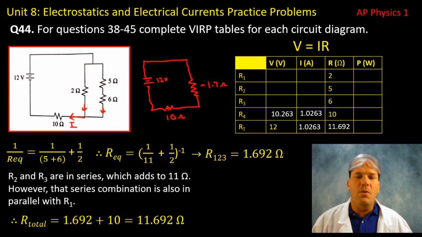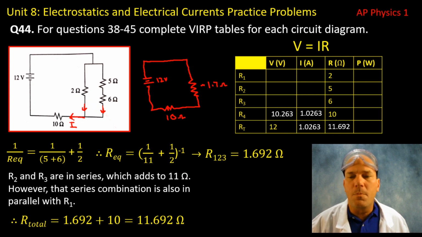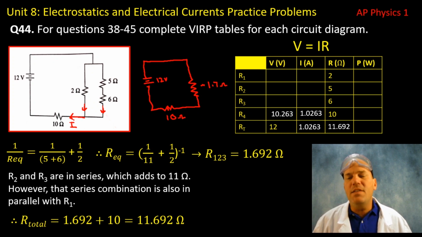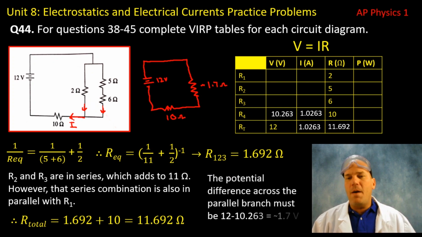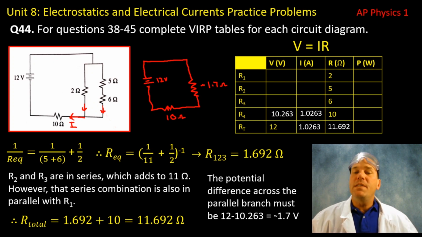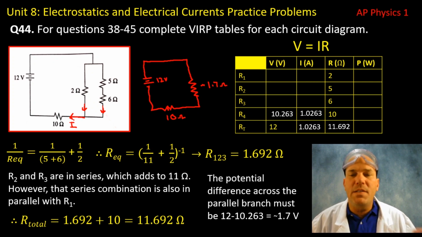Okay, so that's why we're able to say the total current for R4 is also 1.0263 amperes. Then we can use Ohm's law to find the potential difference across the 10 ohm resistor. That is 10.263. Next, now that we know that potential difference, we can say what's left. Well, the remaining voltage drop is about 1.7 volts.